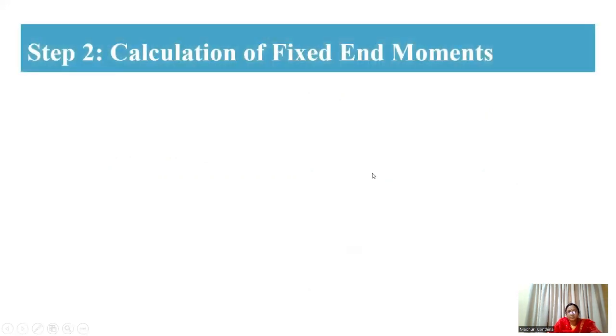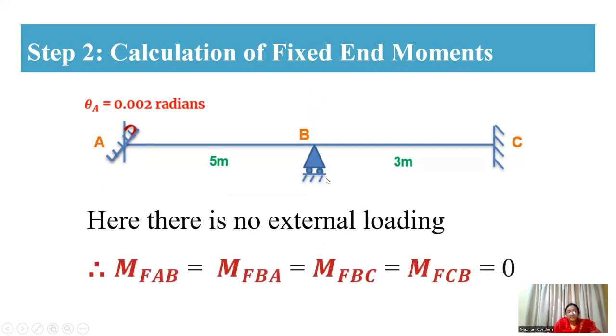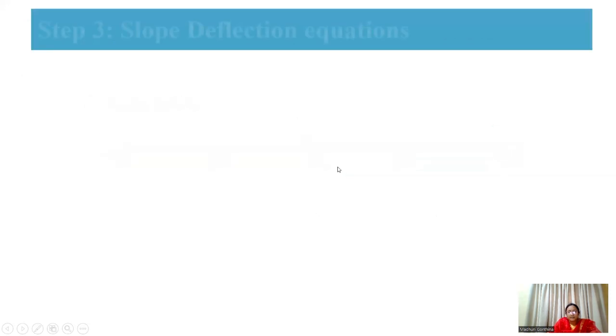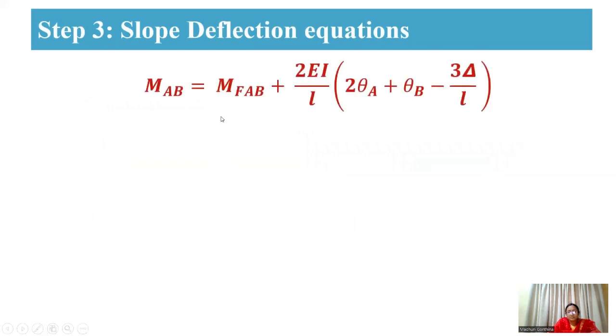Coming to your step 2, you're going to calculate the fixed end moments. Since there is no loading in this entire ABC beam, the fixed end moments for all the spans will be equal to 0: AB, BA, BC and CB. Then your next step is to write down the slope deflection equation. This is your generalized slope deflection equation.